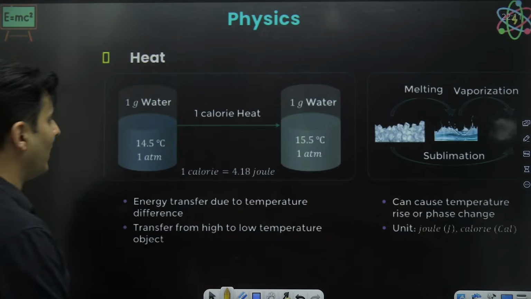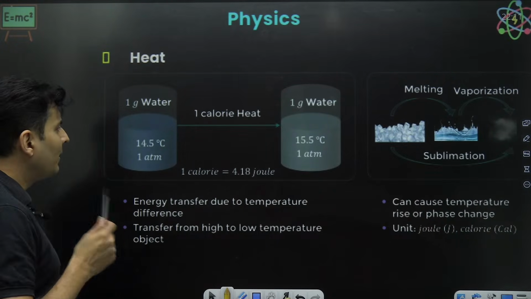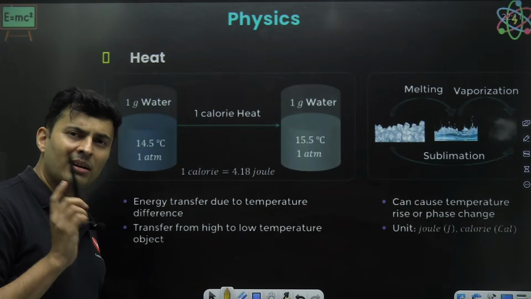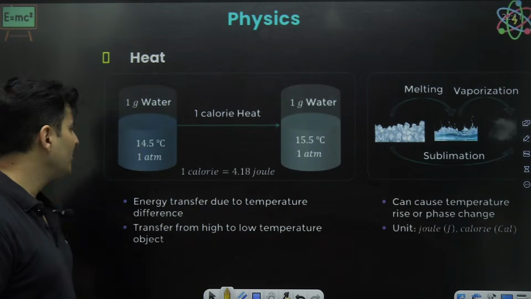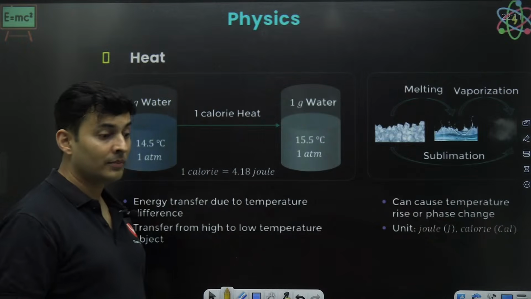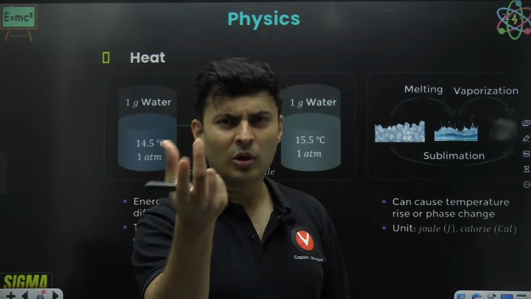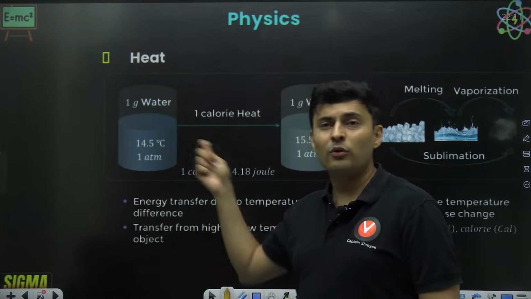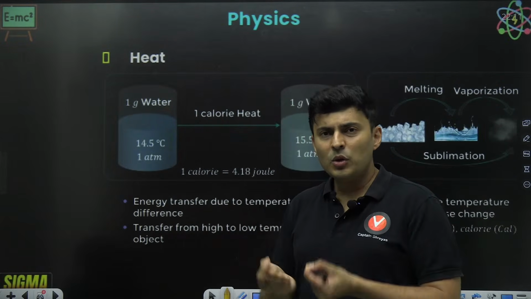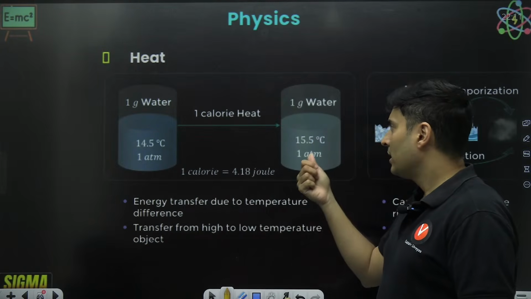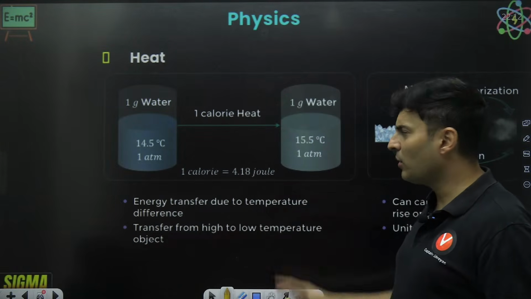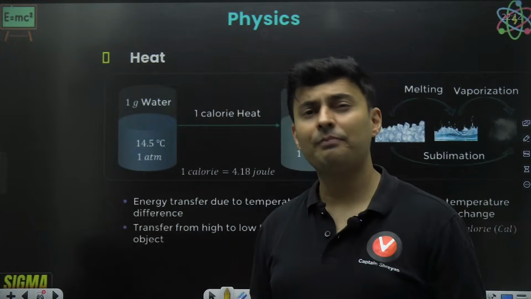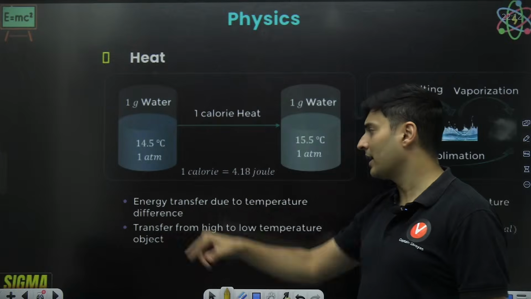All right, let's go back. Now, you might be wondering, sir, what is this 1 calorie exactly, what is the definition? So that also has a definition. If you take 1 gram of water, normal water, which is very small, 1 milliliter basically, at 14.5 degrees Celsius, and you heat it till it goes to 15.5 degrees Celsius at normal atmospheric pressure of 1 atm, however much heat you give, that is exactly a calorie.